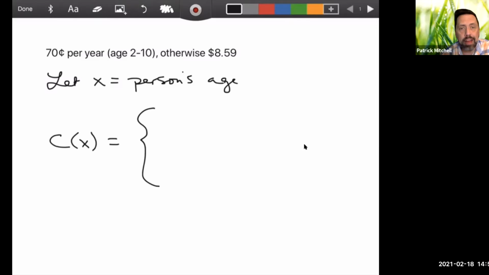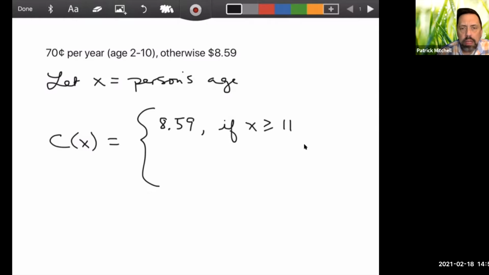I don't care if you're 11 or 60, I shouldn't say 66 because they did say there was a senior discount and I don't want to get into that. So we'll say, I don't care whether you're 11 or 55, lunch is $8.59. So C of 11 is $8.59, C of 55 is $8.59, C of 38 is $8.59. So that's if x is greater than or equal to 11.